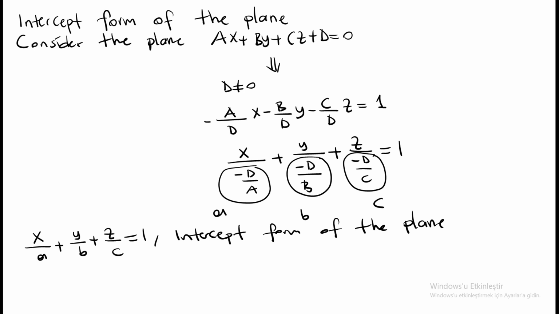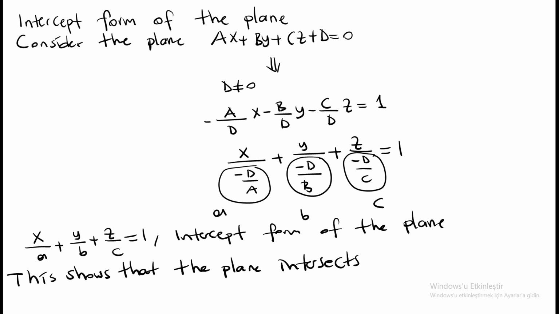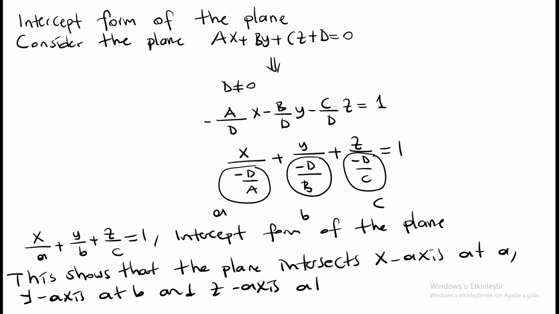Okay, so the plane, this shows that the plane intersects x-axis at A, y-axis at B, and z-axis at C.